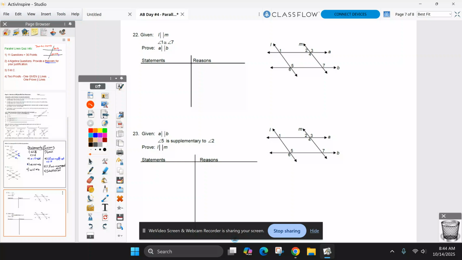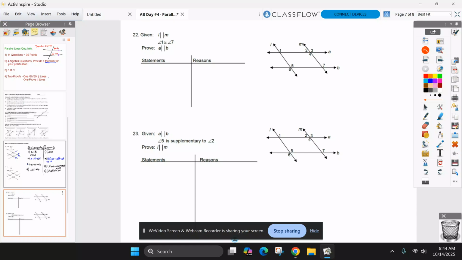Okay, next one, and the final one I want to do with you, is given or prove parallel lines. So let's go to 22. Okay, here we go.